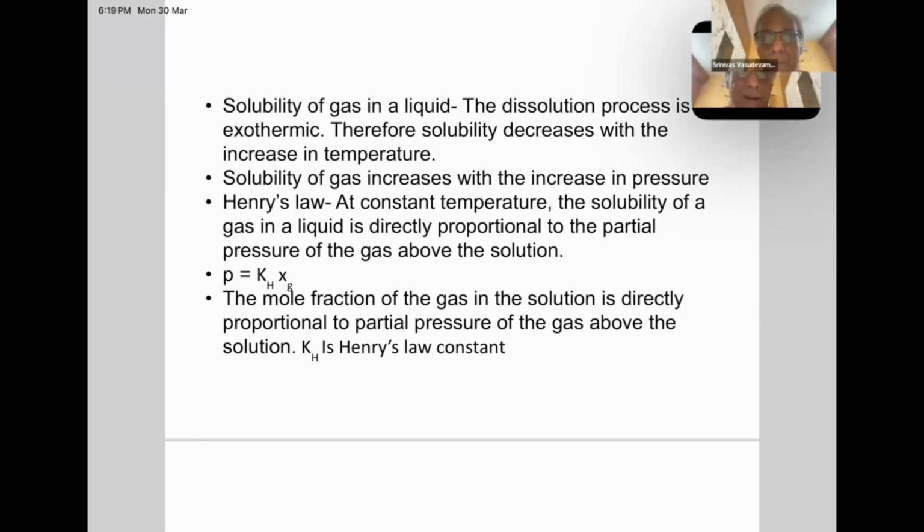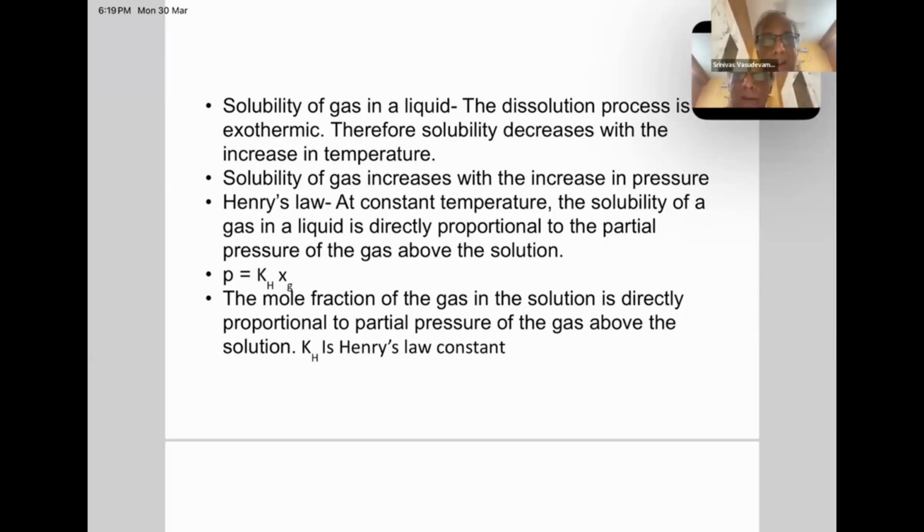First one is at constant temperature, solubility of a gas in a liquid is directly proportional to the partial pressure of the gas above the solution. P, the partial pressure of the gas, is equal to Kh, called Henry's law constant, into mole fraction of the gas. Mole fraction is considered as solubility here.